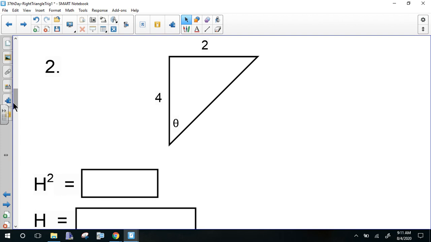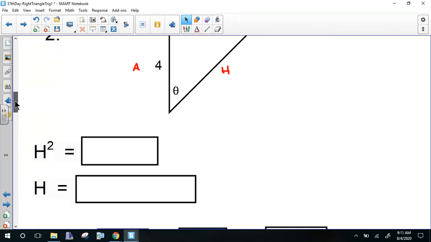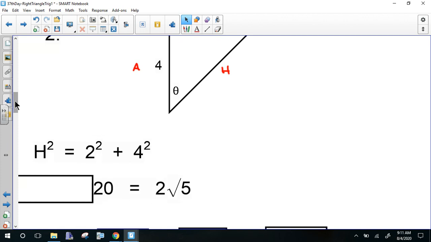Okay, we need to label our triangle first. Here's our angle. There's our right angle. This has to be the hypotenuse, this has to be opposite, and this has to be adjacent. If we plug in the two that we know, 2 squared plus 4 squared, the hypotenuse equals the square root of 20, which simplified is 2 root 5.